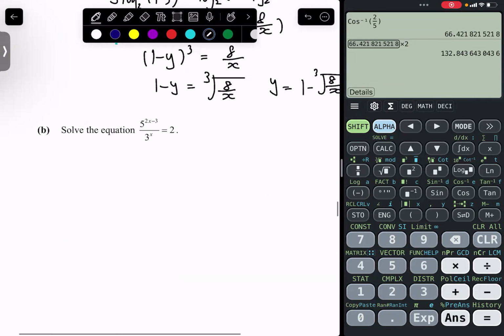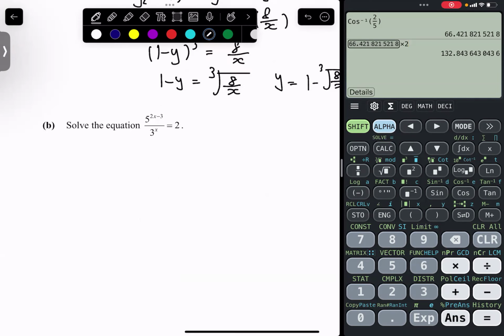B. Solve the equation 5 to the power of 2x minus 3 over 3 to the power of x equals 2. So over here, what can we do? Here we'll have to separate out.